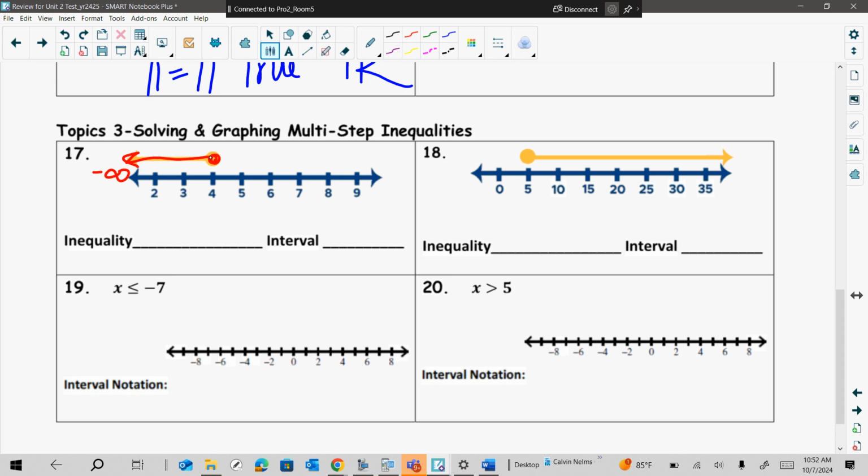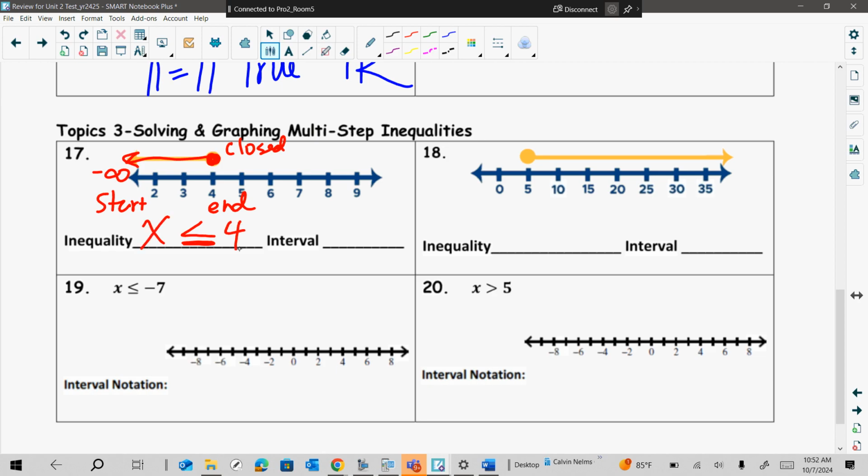It's also closed at 4. Since the arrow is pointing to the left and it's closed, the inequality points in the same direction with the line underneath it. So x is less than or equal to 4.